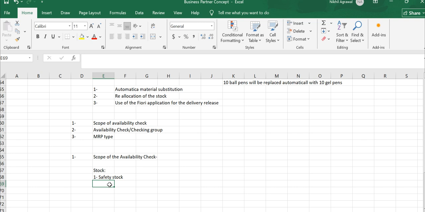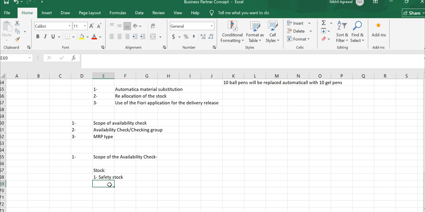Safety stock can be 100, 200, or 300 units. Guys, this is totally based on the business decision and business requirement. So this is a minimum stock that guarantees that in case of exigency, the business can use the safety stock and mitigate the risk. This is the significance of safety stock.